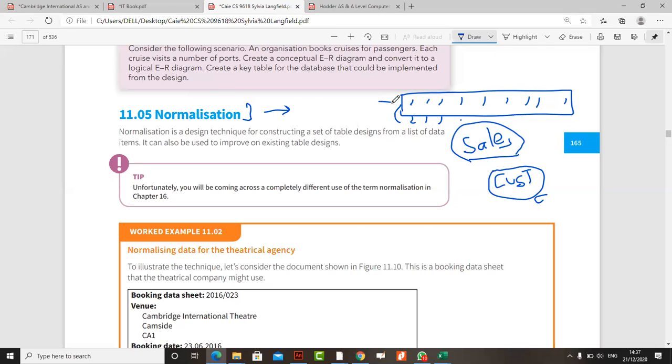Let's say I have an Excel file and a particular customer visited my store 10 times in a week. Then 10 times I am repeating his name, age, gender, and phone number again and again. Is this data not redundant? Why am I repeating the same data? There should be a way that I can reduce it.